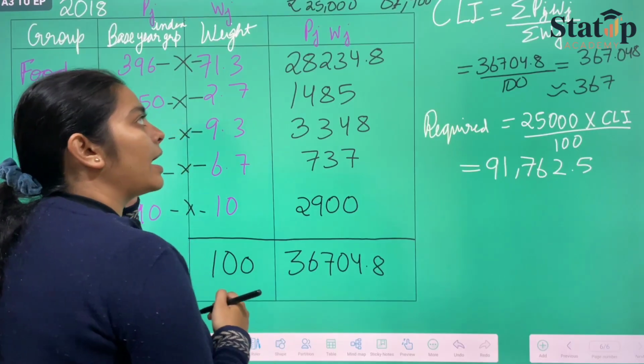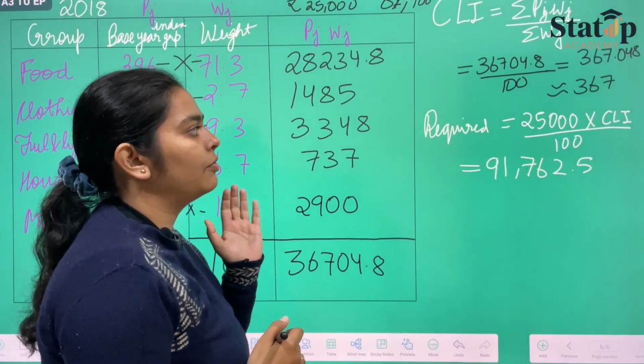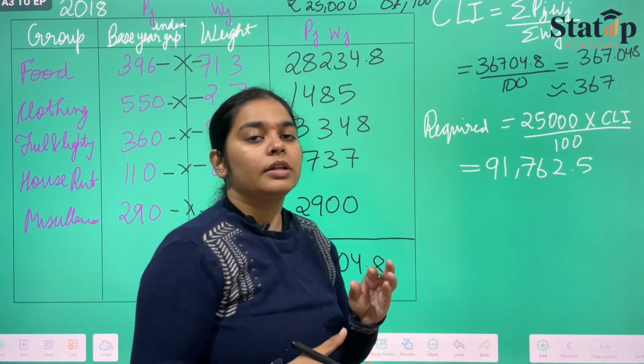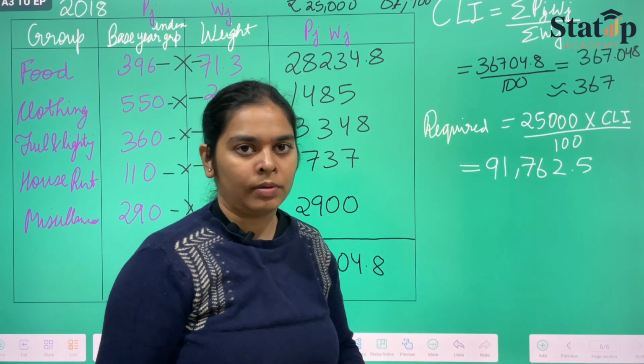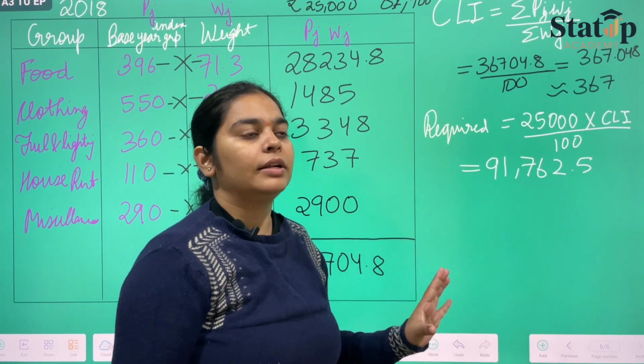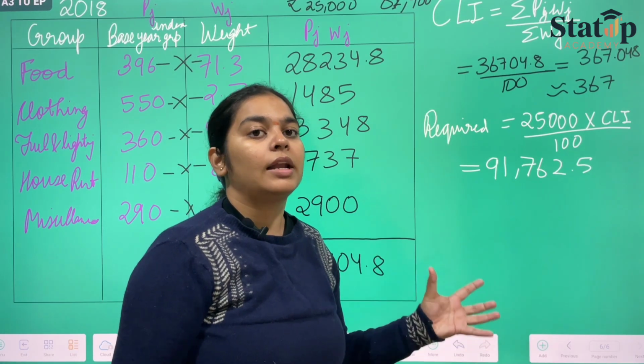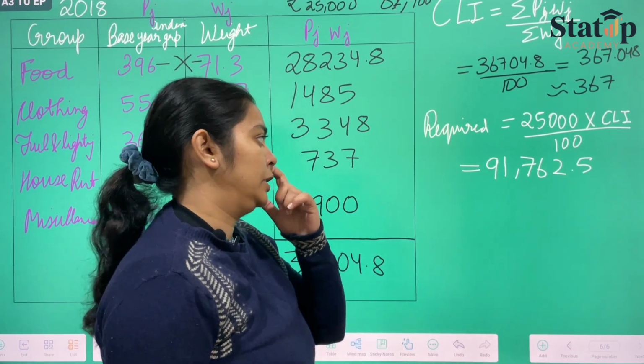The base salary has been given to us, and we have to find the required salary. From the base year salary we find the required salary that should be there, and the dearness allowance is the required salary minus the actual salary.